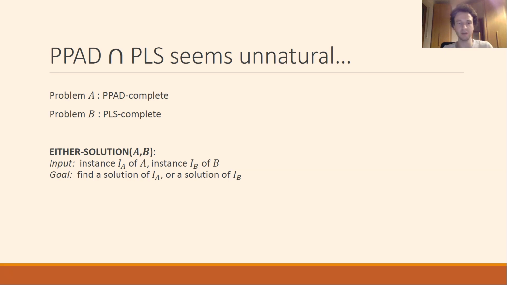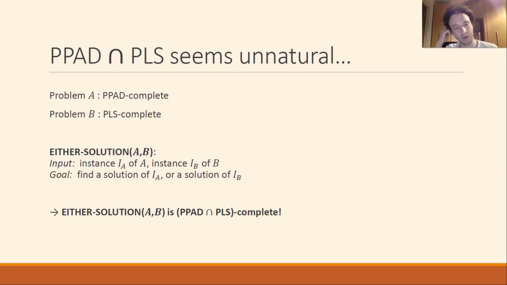I don't care which one, but solve one of the two. It turns out, and it's not hard to show, that this problem Either-Solution is PPAD intersection PLS-complete, if problem A is PPAD-complete and problem B is PLS-complete.